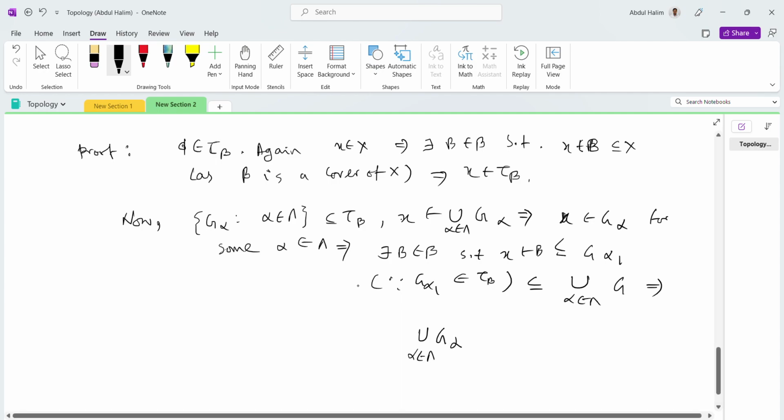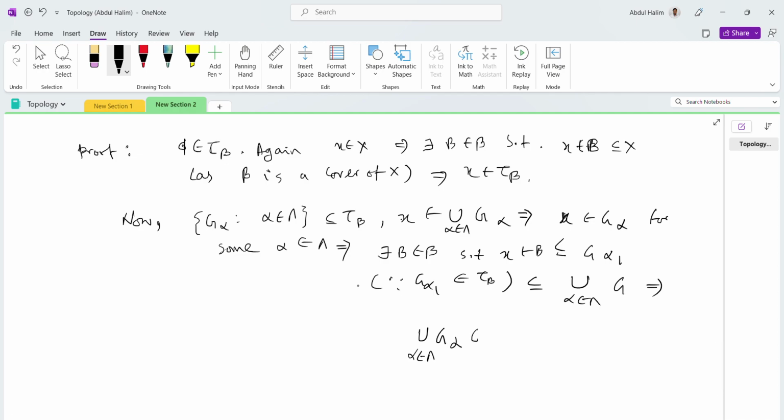Why G alpha 1? Because G alpha 1 belongs to tau of beta, so the union of G alpha over the index set belongs to tau of beta, hence the result.